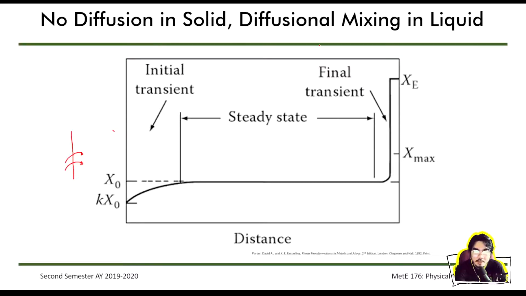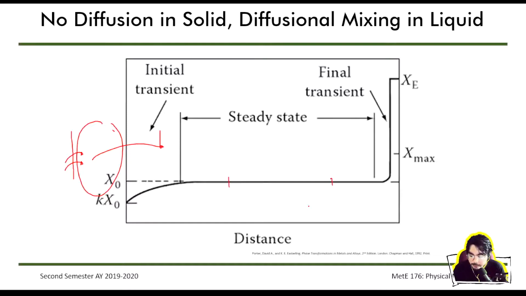At the same time, dahil meron tayong diffusional mixing, aabot siya sa point kung saan, and this could be a short steady state, pwedeng short, pwedeng long steady state depending on the alloy. Pero this just means that at a given point, merong time na yung pag-reject niya ng solute is equal to the rate at which it transports yung rejected solute along the different parts. So nagba-balance out siya, kaya ma-achieve natin yung steady state na yun.